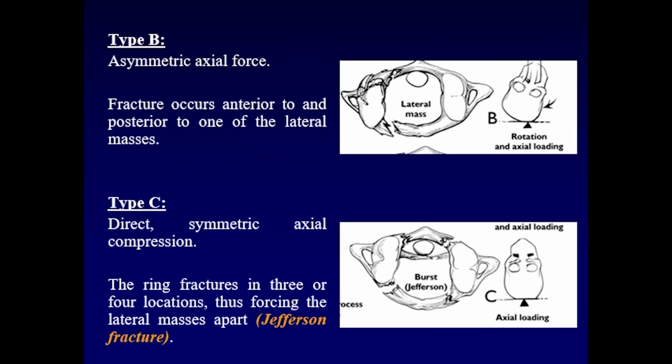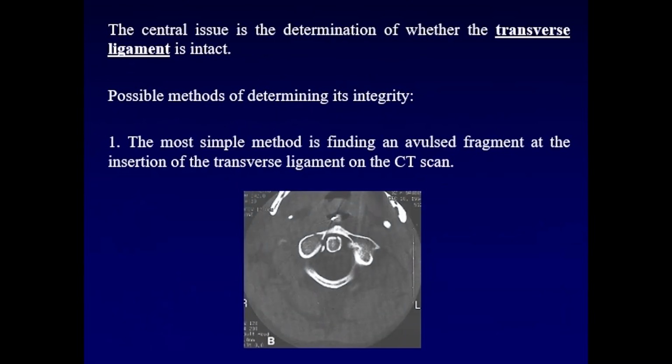The central issue in determining stability is whether the transverse ligament is intact or not, and there are possible methods for determining its integrity. The most simple method is finding an avulsed fragment at the insertion of the transverse ligament on the CT scan.